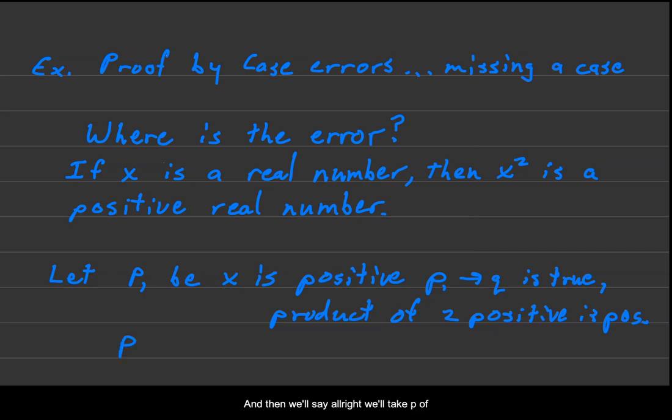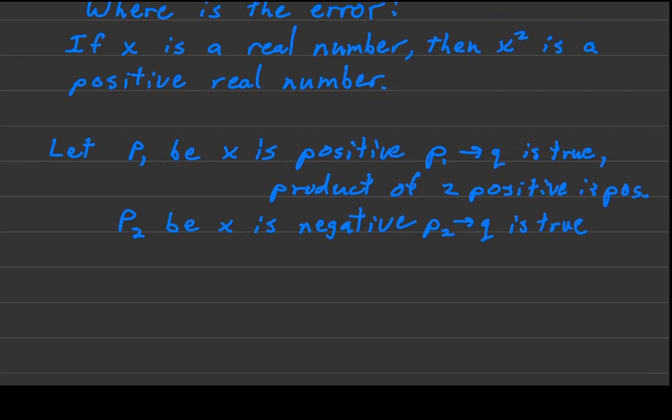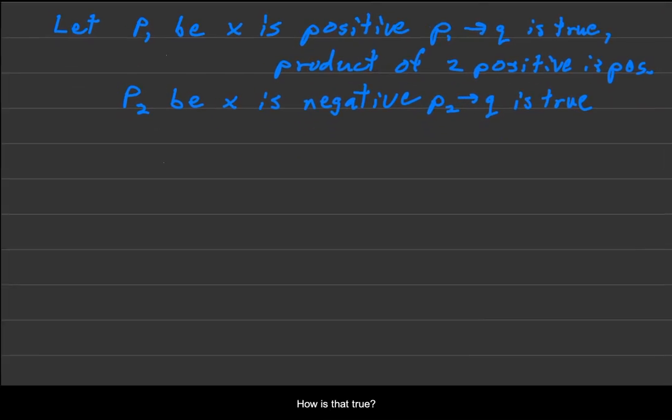Then we'll call proposition P2 that x is negative. If P2, then Q is true. And how is that true?